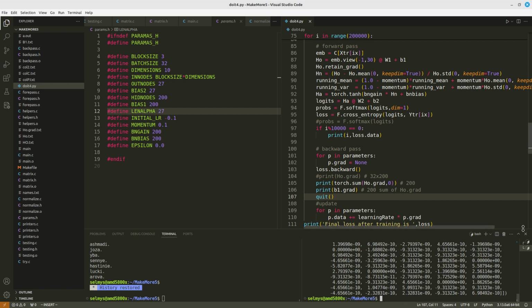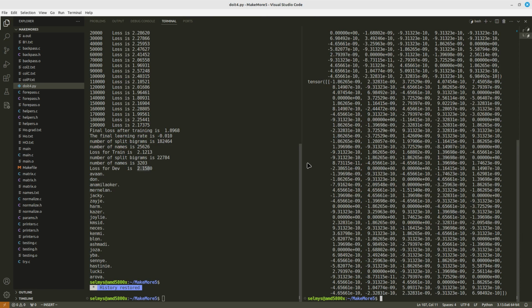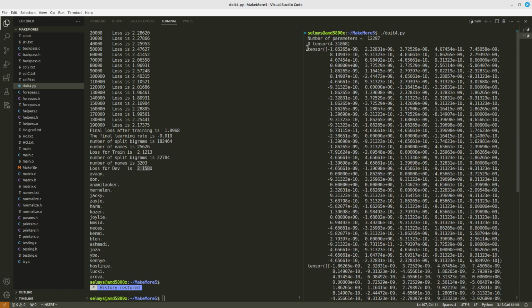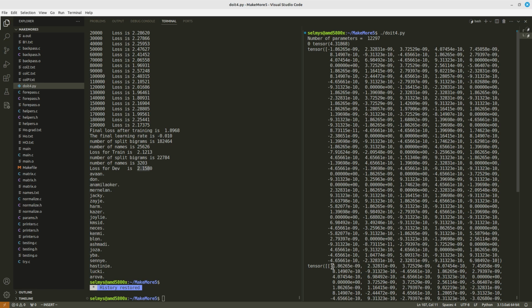So if I go here, you can see this first one is the summation of the HO gradients. There's 200 of them. And the second one is just B1 gradients.